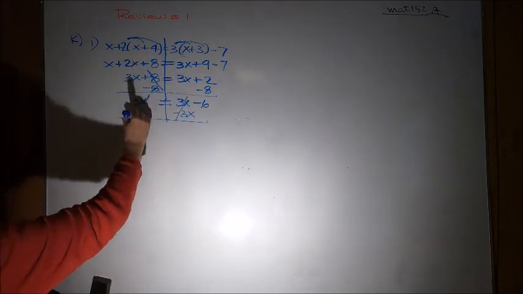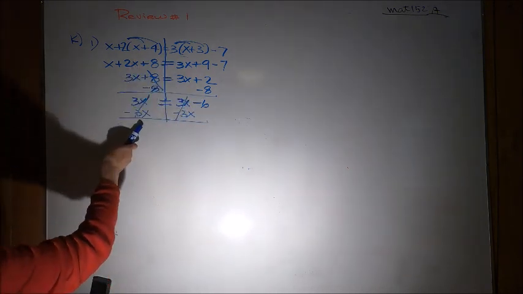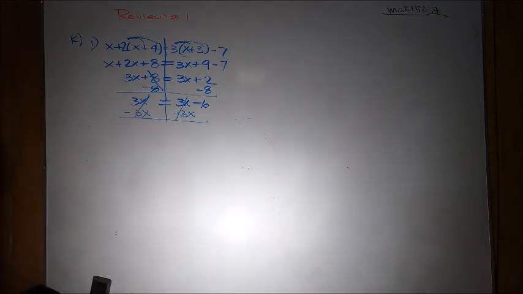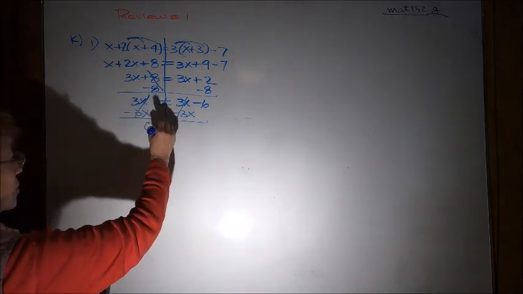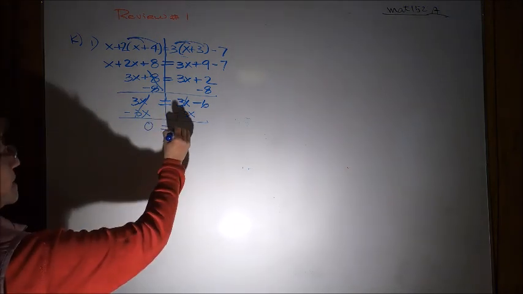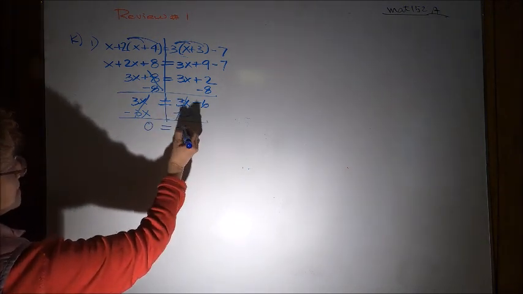So what do we have? Don't give me 1x, because 3 apples minus 3 apples, you got 0 apples, right? So that's your 0. Often you make a mistake here. Okay, 0 equals negative 6.